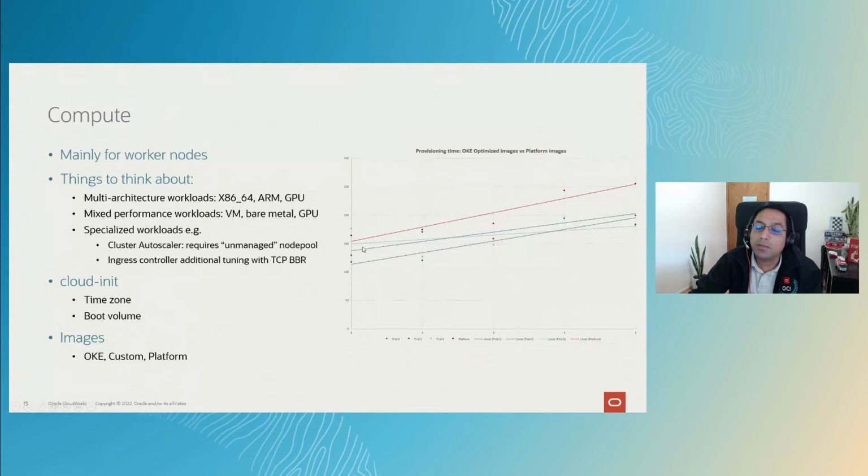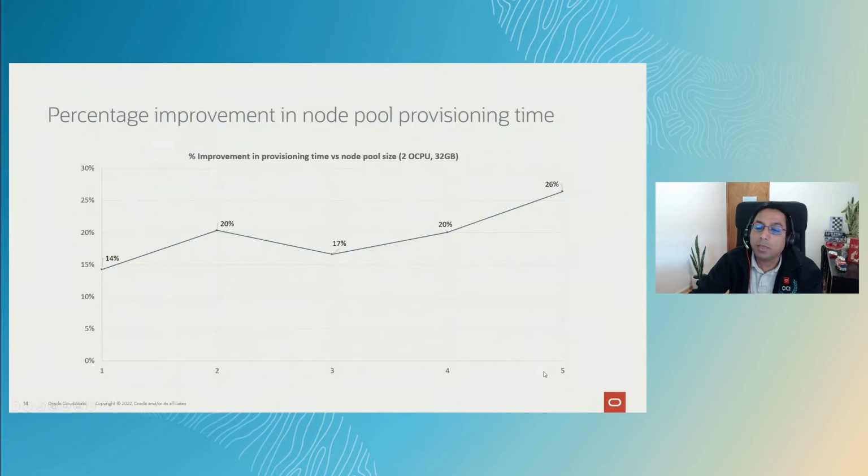You can see that the line in red is for the platform images, whereas the ones further below are various trials for the OKE images. To put this in perspective, the percentage improvement you can expect is around 15 to 25%.